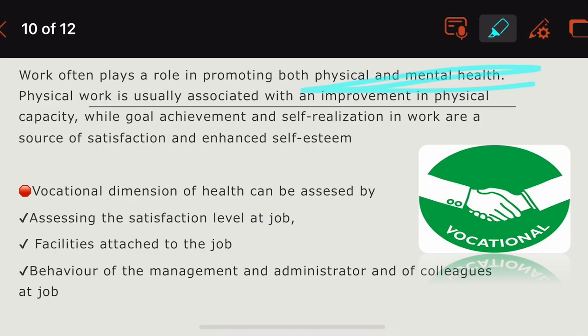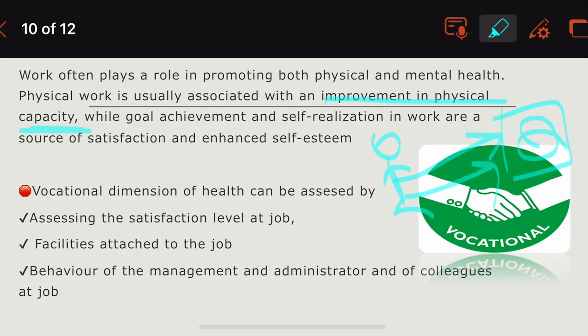Physical work is usually associated with improvement in physical capacity. A person who goes to work will be traveling, he'll be physically fit, he works there, so physical capacity will be improved.